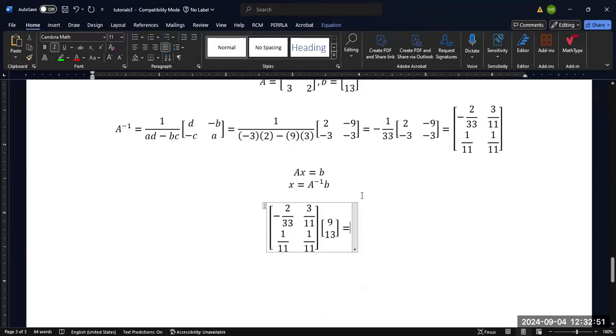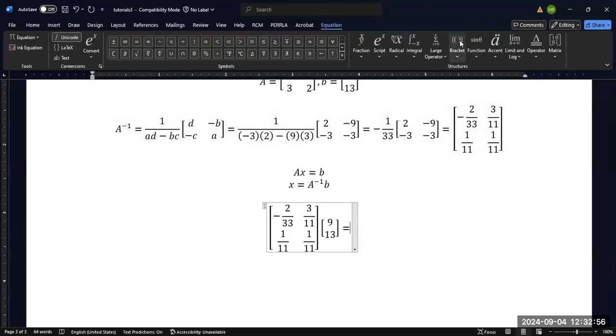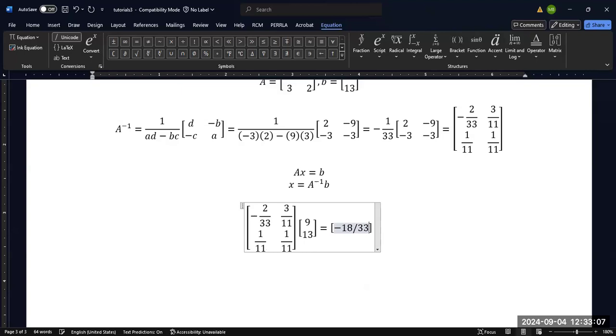And if we do that matrix multiplication, we're going to get -2 over 33 times 9 is going to be -18 over 33, plus 3 over 11 times 13, which is going to be 39 over 11.